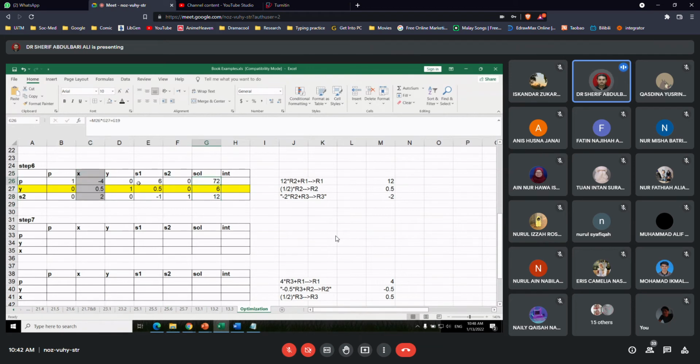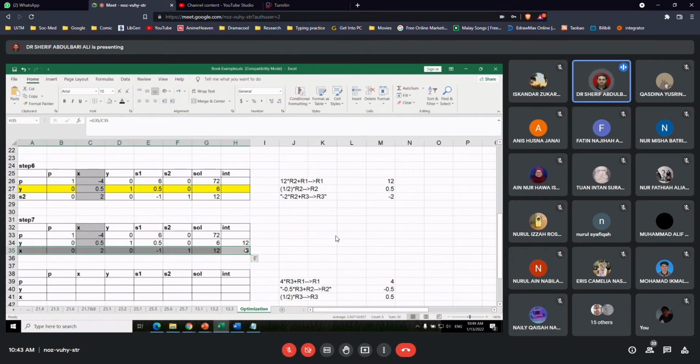So it's 72 over negative 4, 6 over 0.5, 12 over 2. So I need to find the intercept. When you find the intercept, you pick the smallest positive value. So in my case here it is 6.